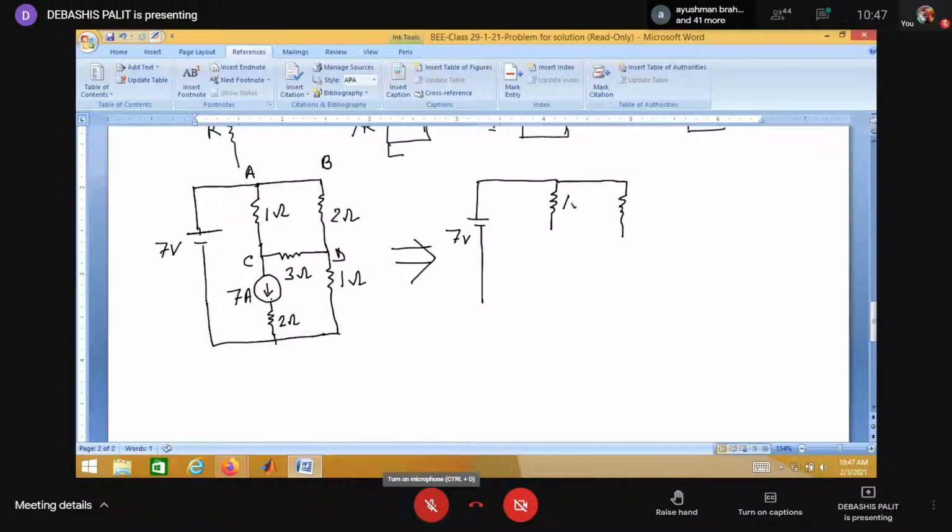There is a 1 ohm resistance, there is a 2 ohm resistance, and then there are two terminals. This is AB, this is A, this is B, this is C, and this is your D terminal. And I am marking this as the E terminal. So there is a resistance.